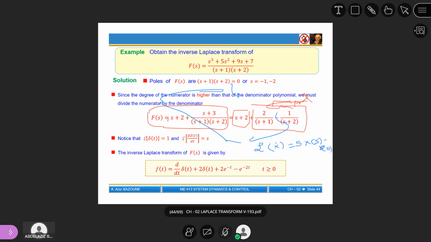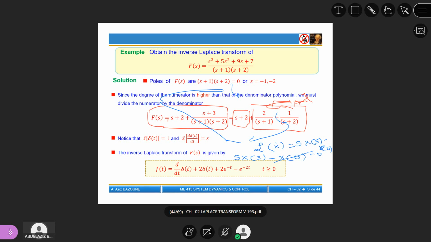Okay? I will repeat it: s x of s minus x of 0. Clear? This is the initial condition.